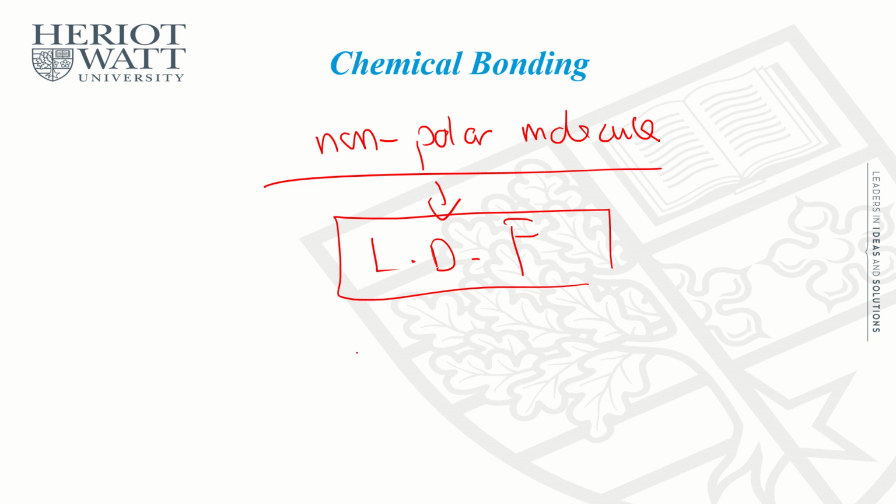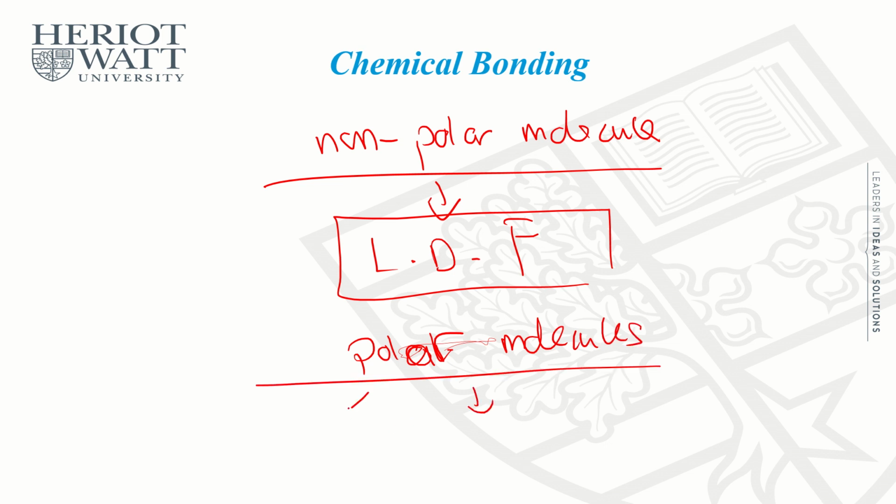All right, but if you have polar molecules, then it could be hydrogen bond, it could be dipole-dipole forces in addition to London dispersion force. Okay, so non-polar molecules, only one, which is London dispersion, that's it. For polar molecules, it can be hydrogen bond, it can be dipole-dipole. And how do we know whether polar molecules are forming hydrogen bonds or dipole-dipole? Let's continue.